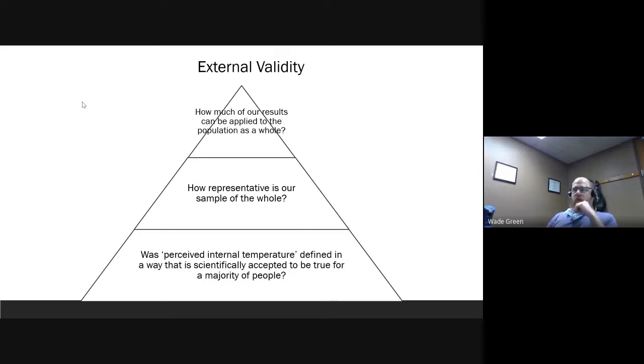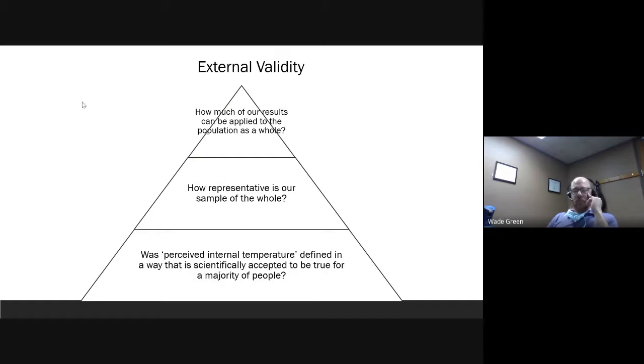So if we perform this experiment in the Midwest, could ketchup and mustard be effective in lowering perceived internal temperature? Maybe it would. But what if we did this in El Paso, Texas, where people eat chile and salsa nearly with every meal and don't seem to have as big of an aversion to spicy foods, right?